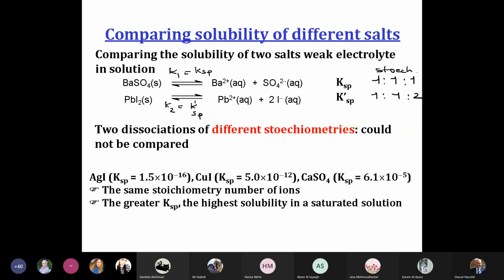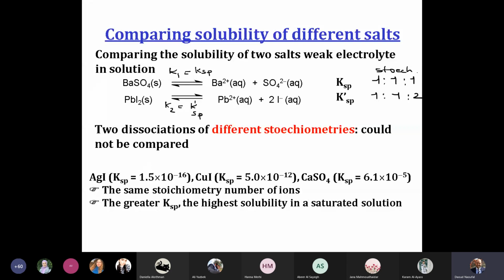That means KSP and K prime SP cannot be compared. The error in concept by the student will be to say the solid that has greater KSP, that means the dissociation is stronger, that means it is more soluble.